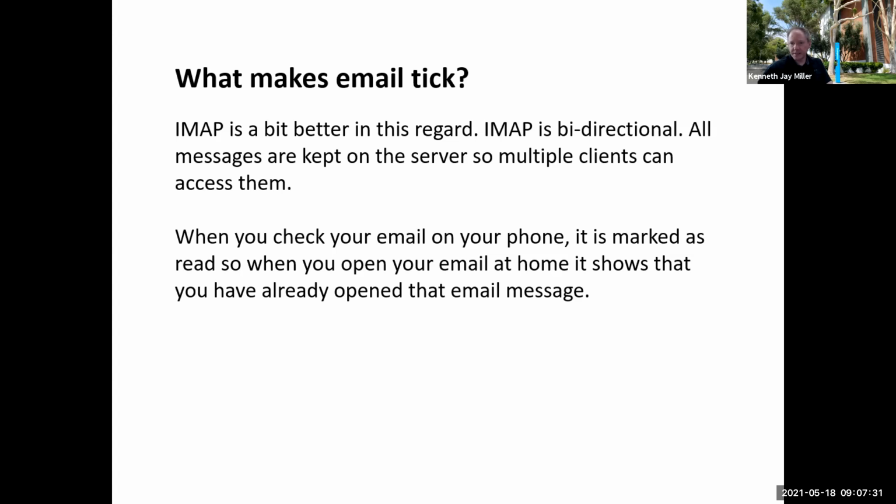So when we set up today's mail server, and we're going to use the client Mozilla Thunderbird, it will automatically set it up with IMAP as the mail retrieval method. So IMAP is bidirectional. Whatever messages we read, they're still on the server.